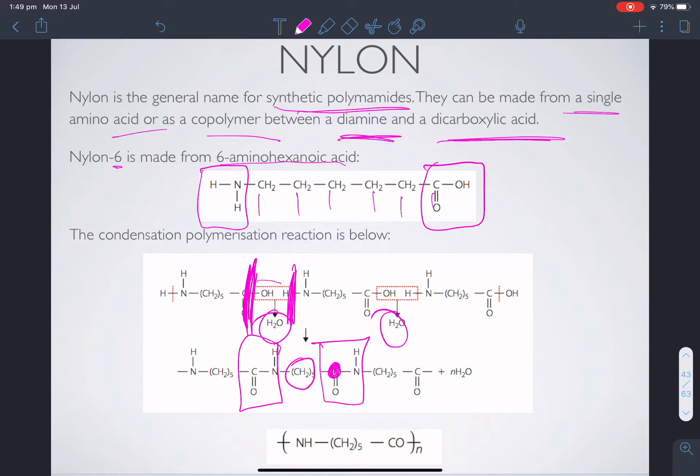So therefore the hexanoic acid kind of, they've summarized as 5 CH2s in between, and the 6th carbon is the carbonyl carbon. So you get an ongoing chain of NH, so a single hydrogen coming off it, and then your 5 CH2s, and then your carbonyl carbon repeated. That is nylon 6. There is only one number after the nylon, so it must be from a single monomer, so it's not a copolymer nylon.